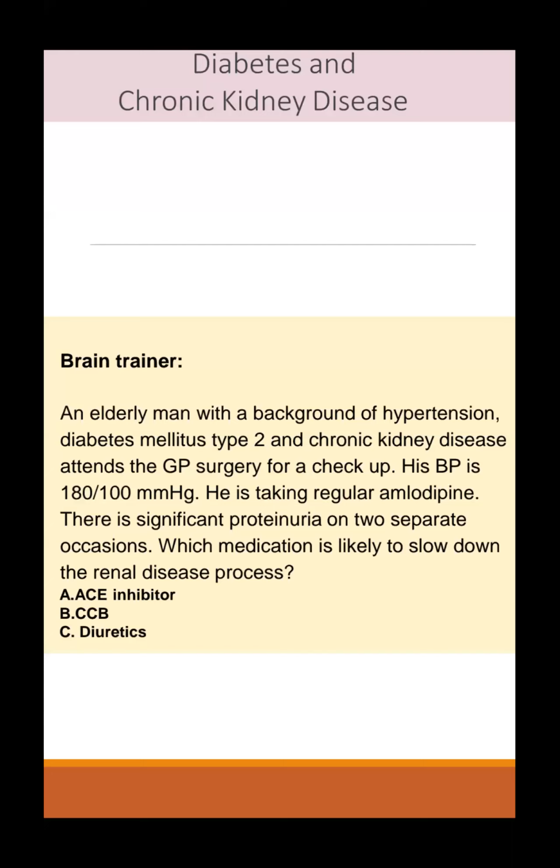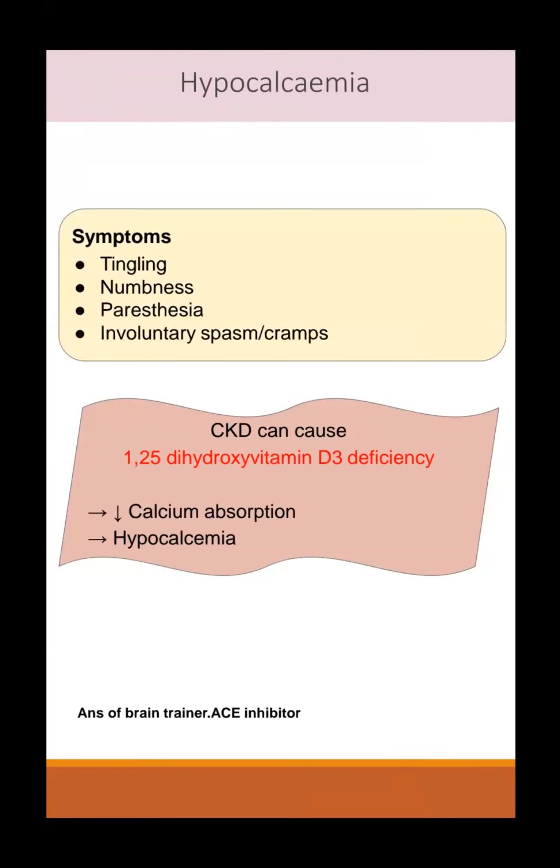The medication used to slow down the renal disease process is an ACE inhibitor. So the main points: a hypertensive, elderly, diabetic CKD patient with proteinuria on 2 separate occasions, and an ACE inhibitor will slow down the renal disease. Right, excellent, thank you.